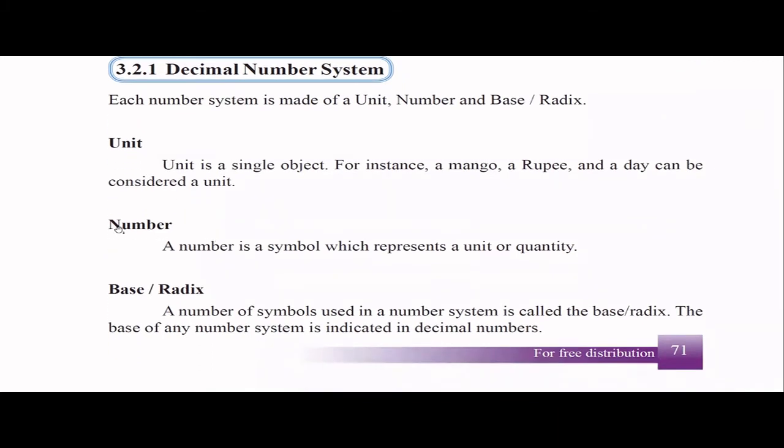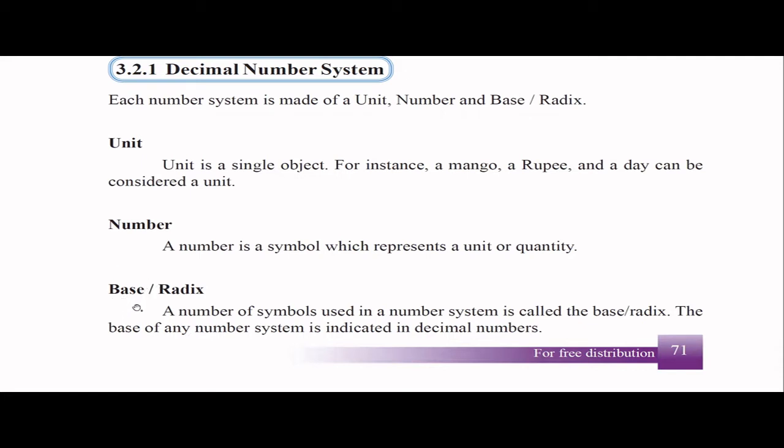A number is a symbol which represents units, right? With multiple digits, you can create a number. Then there is something called base. In mathematics, you may have learned about base.